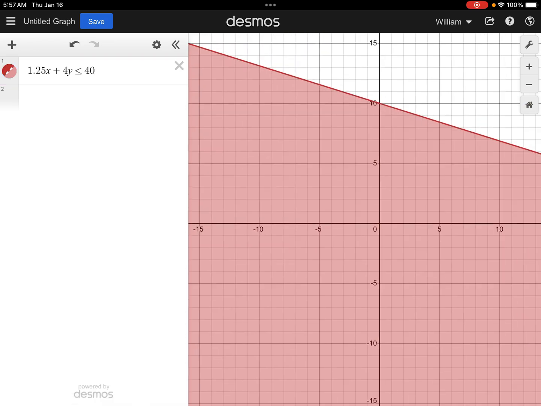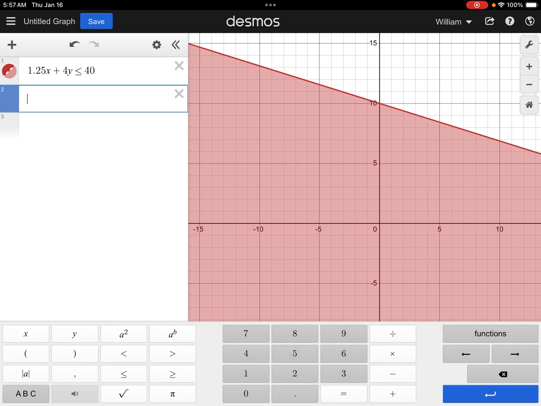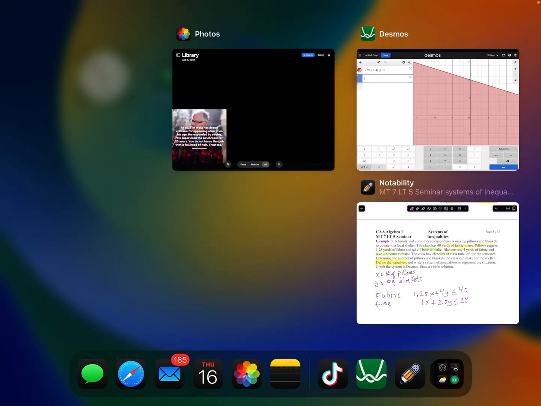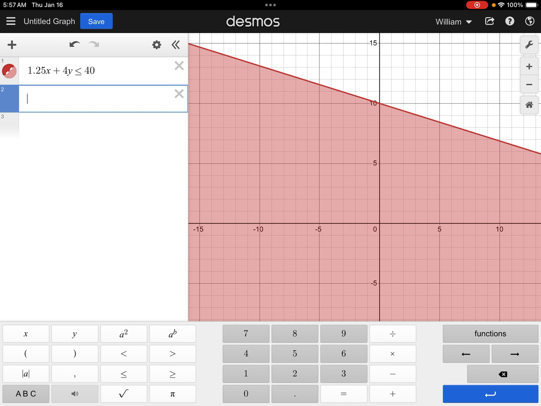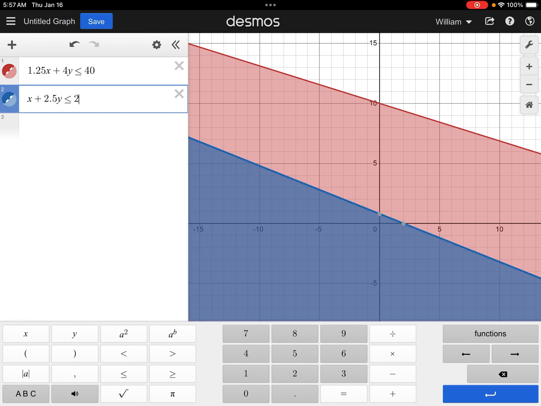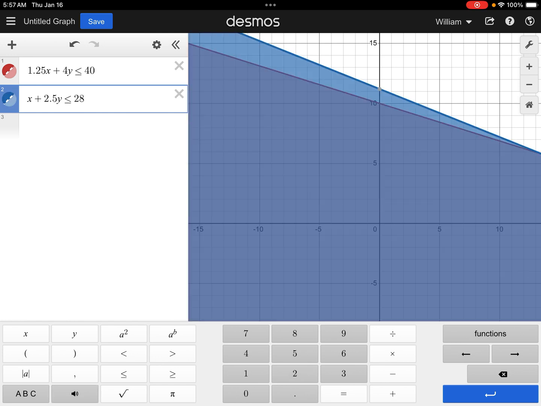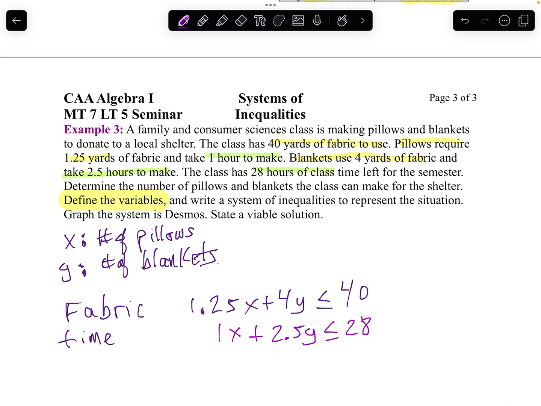Notice it makes a nice solid line for us so we can see that. And then when I type my next one in, it's x plus 2.5y is less than or equal to 28. Make sure I type that in right. Yep.